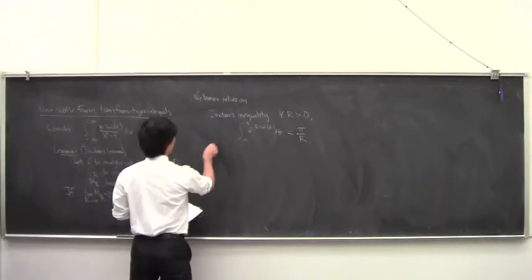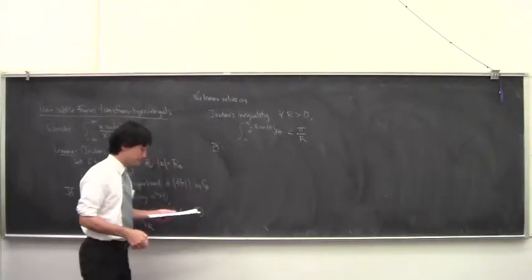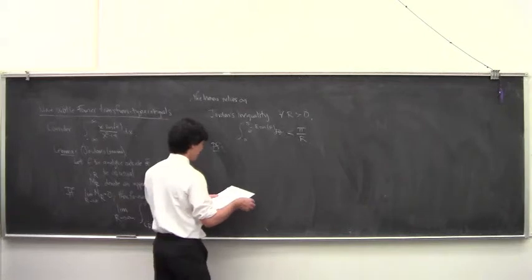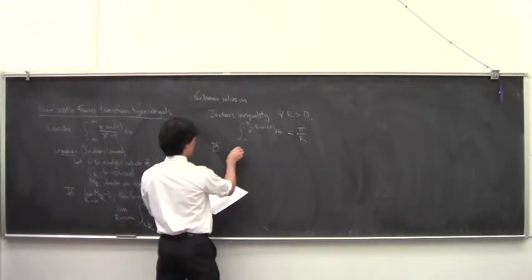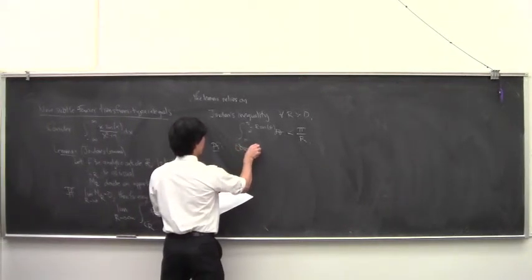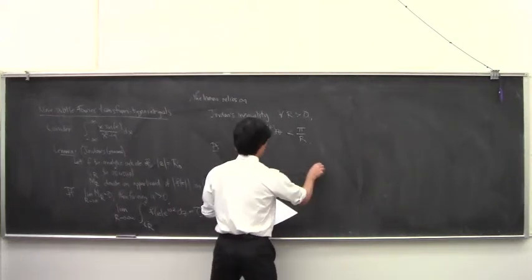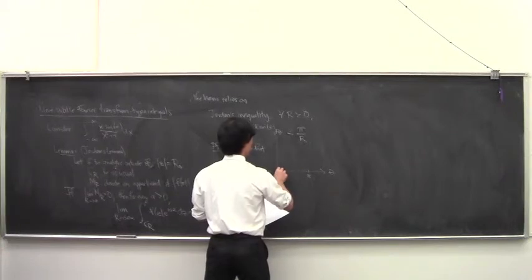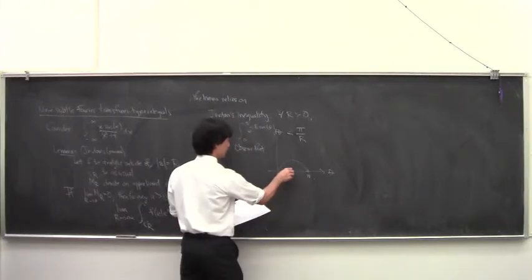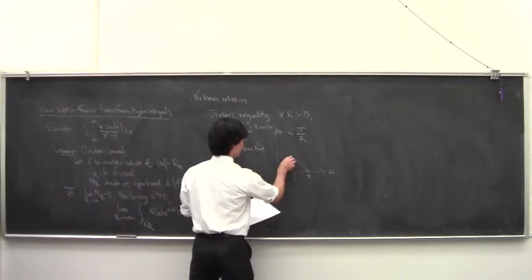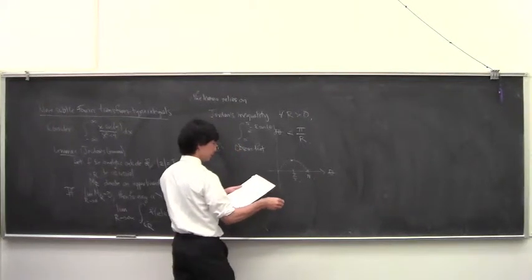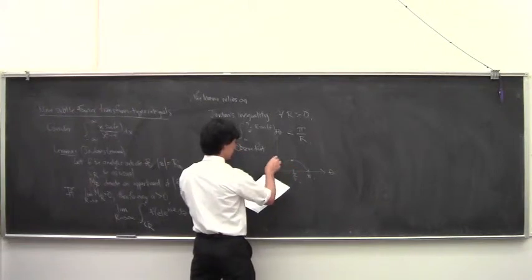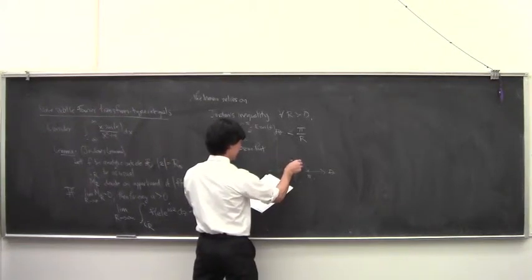And the proof of the inequality goes like this. The first part is observe that if you look at the sine function, so here's theta, here's pi, and look at the sine function, here's pi over 2. Okay. And we're going to draw a line from here to here, right? This is the function y equals 2 theta over pi.